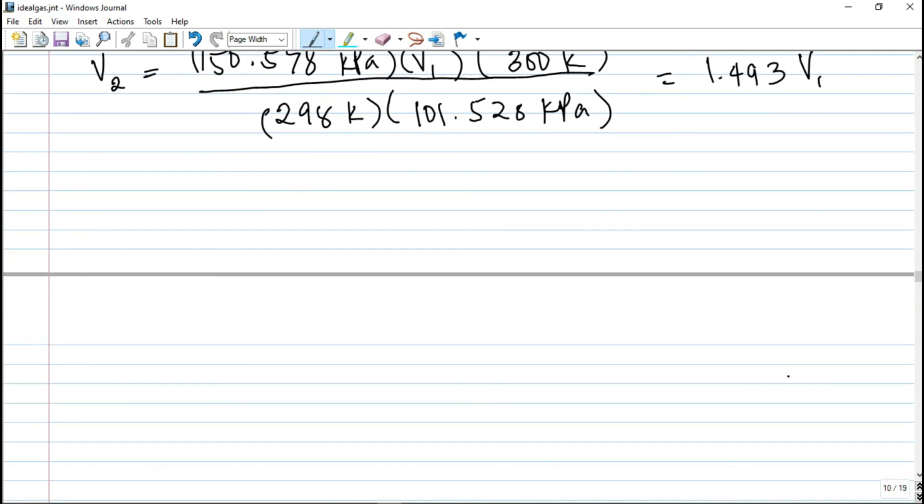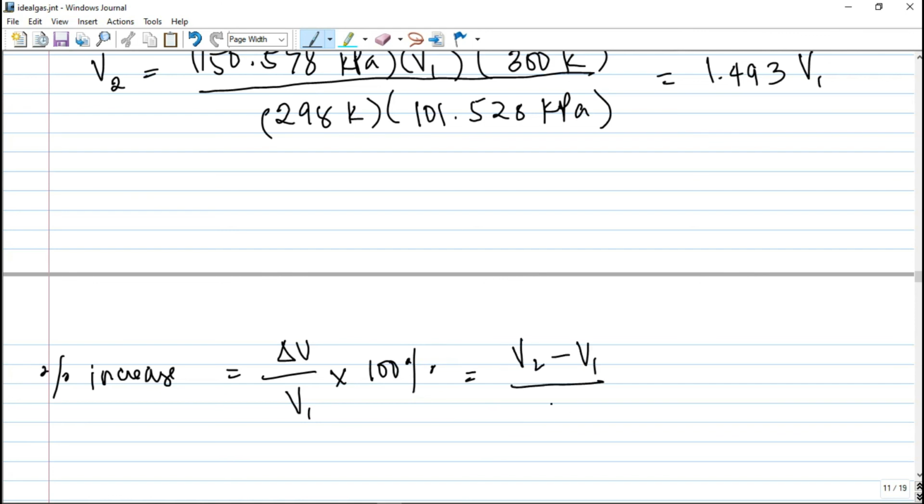So, we can say that our percent increase is your change of volume divided by our initial volume. So, change of volume is just V2 minus V1. Okay, for percentage, we multiply by 100%. So, the change in V is V2 minus V1 all over V1 times 100%.